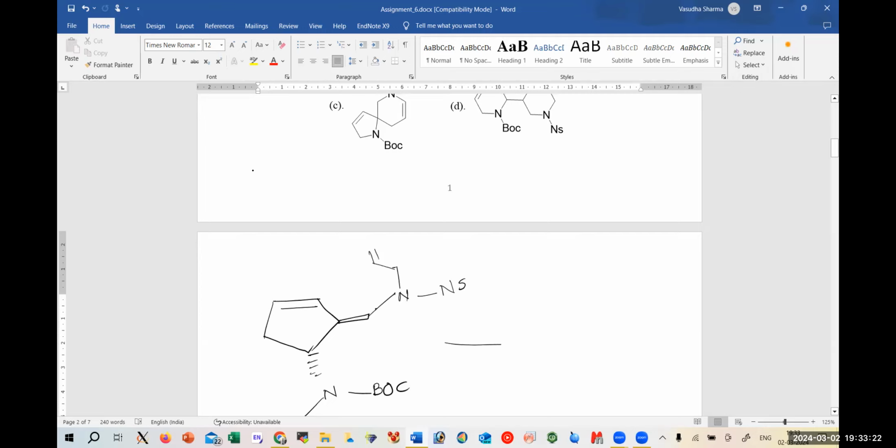So now firstly it will undergo ring opening, and ring opening could only be formed if these two are having alkenes over here.